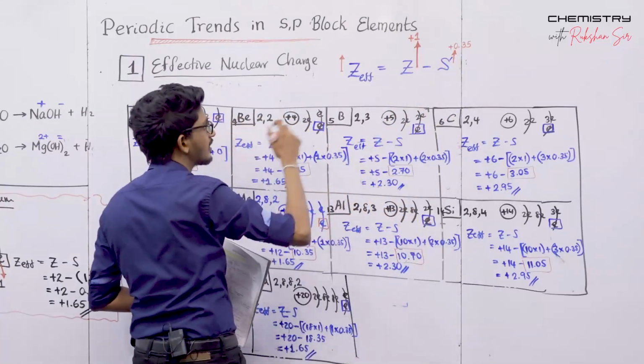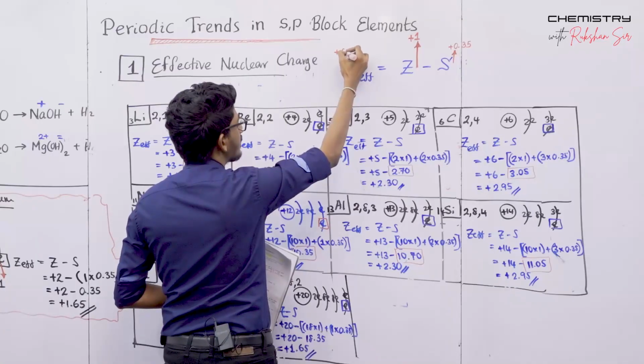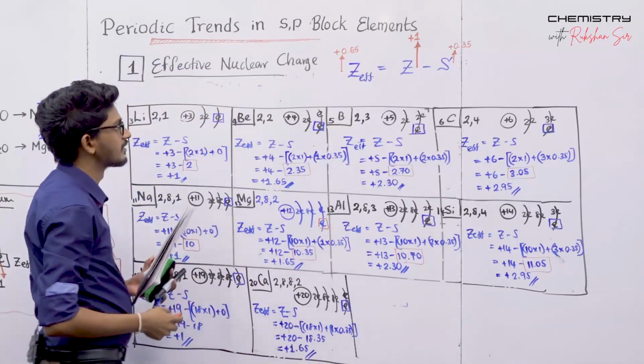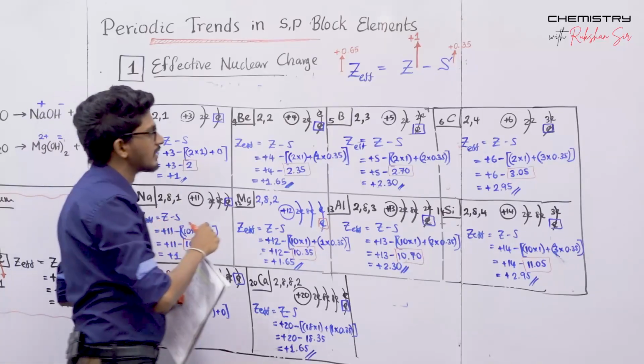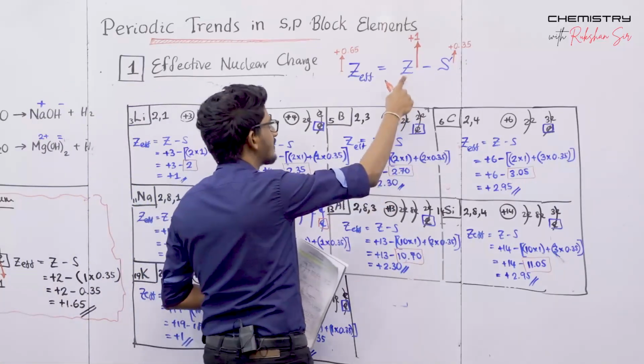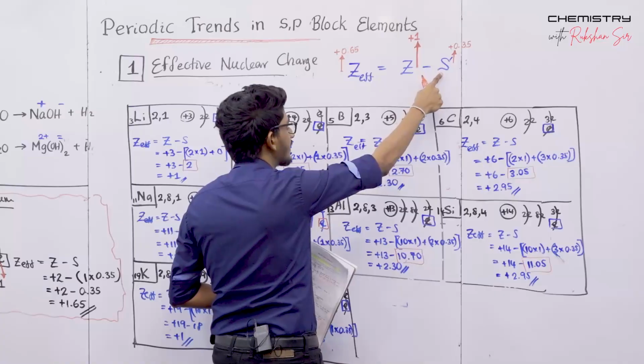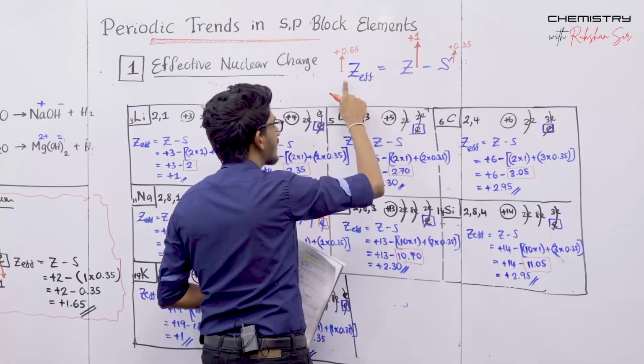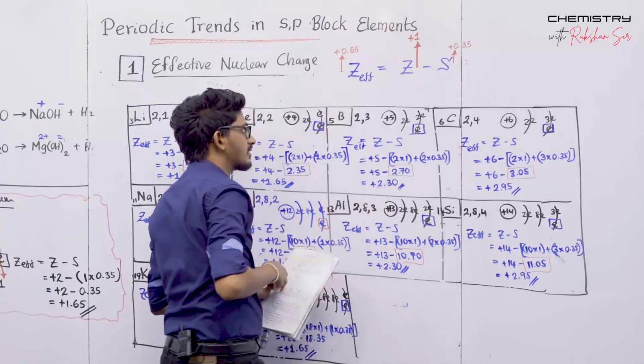The net effect is plus 0.65. That is what happens. When going towards right, the nuclear charge increases, the shielding effect increases, as well as the effective charge increases.